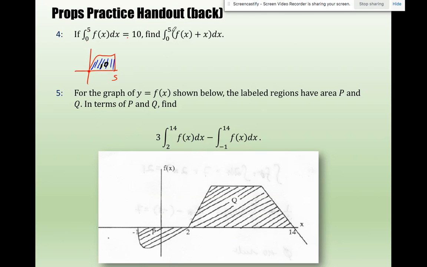So they want to know what is the integral of this sum. The integral of a sum is the sum of the integrals. They told us that this one was 10.